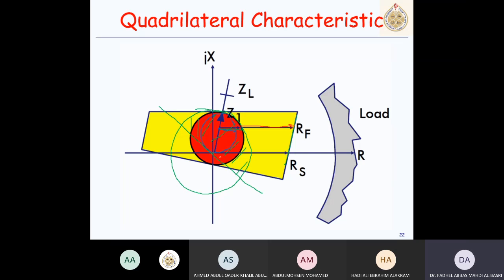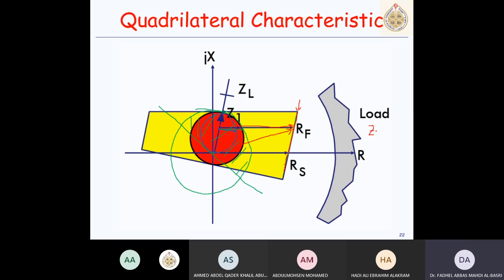When the fault resistance is here, the relay still sees it as an internal fault. Up to a level where I don't want the relay to also detect line load impedance as a fault. So you have to be careful with the extent of this line. It has to end before the load area.